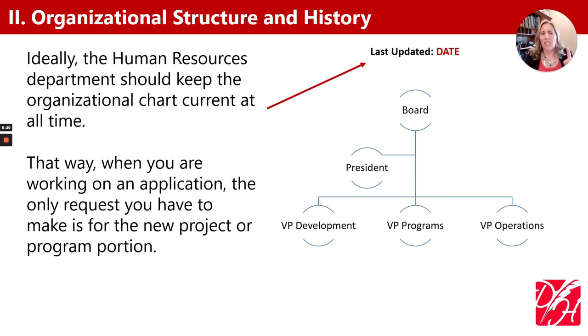That way, that TBH, that to be hired position with the title associated with the role can now be found in the org chart, and the dots can be connected in the logic model, in the work plan. You get where I'm going with the budget justification, and all the other attachments related to the job descriptions.